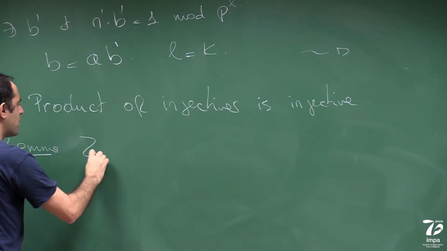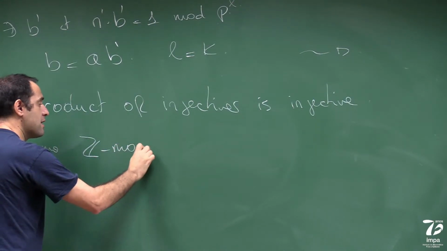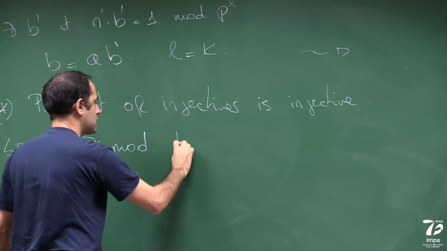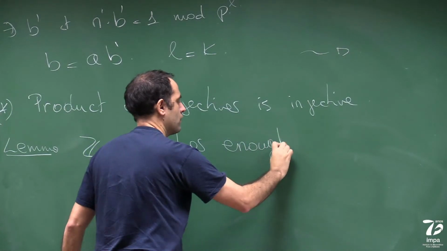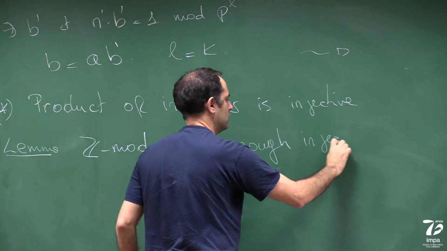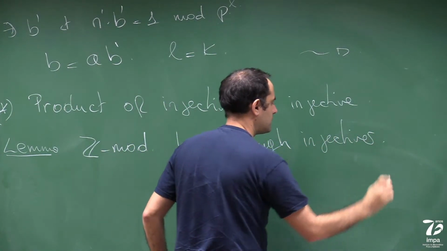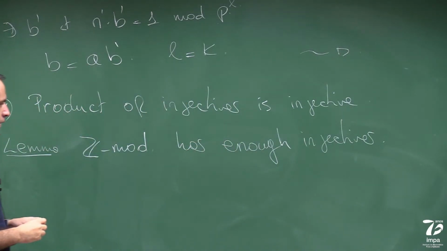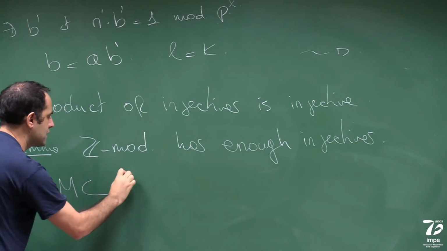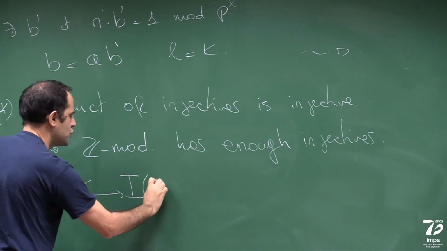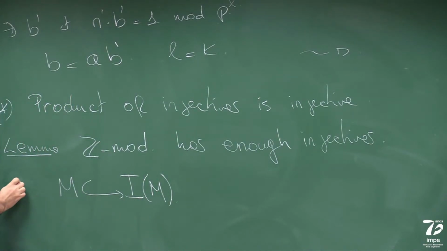The category of Z modules, namely abelian groups, has enough injectives. So if you give me an abelian group M, I need to put it inside an injective object, I_M, which should be an injective abelian group.